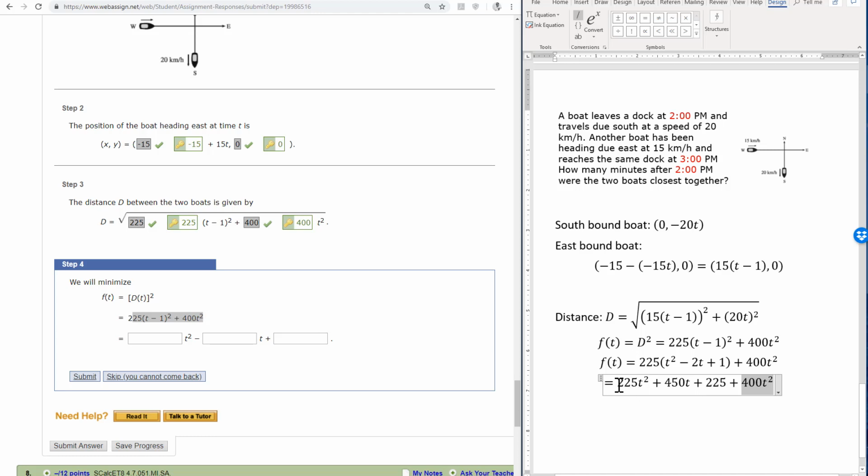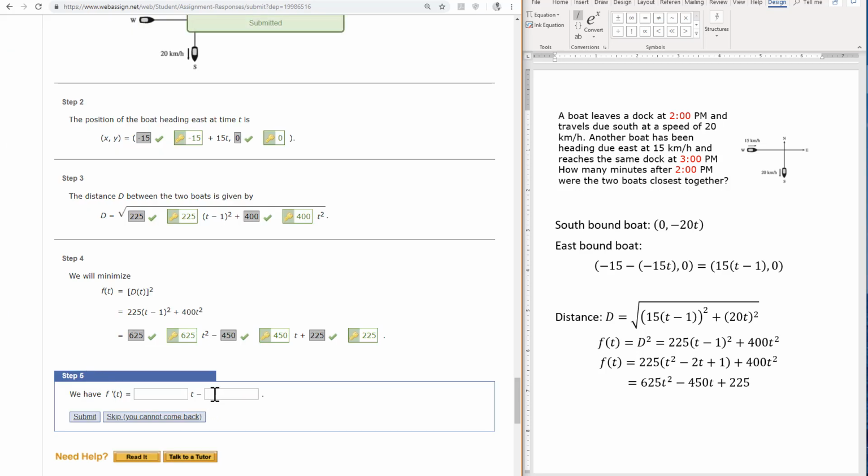So this is going to be 625 t squared, and then minus 450 t, and plus 225. Okay. So now we have a nicer polynomial to take the derivative of.